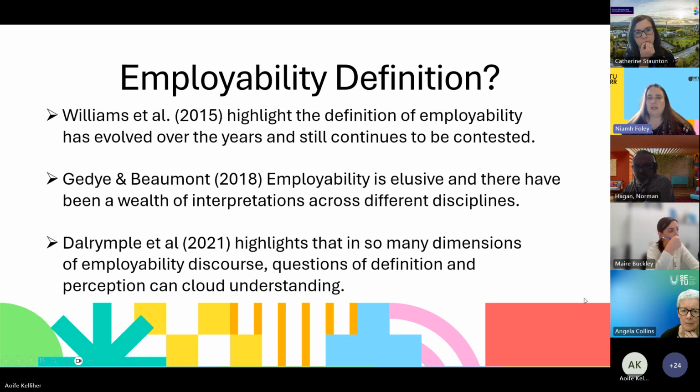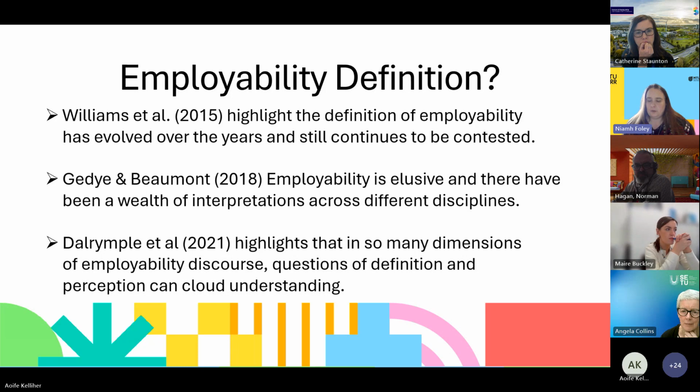So, just looking at employability and definition, employability lacks a universally accepted definition. There are a number of initiatives and employability definitions out there, but a lot of them, as Williams looks at, are contested, with interpretation and perceptions.